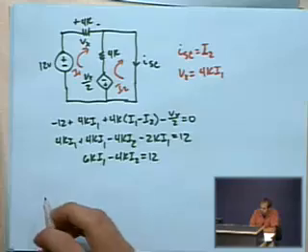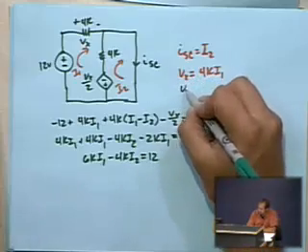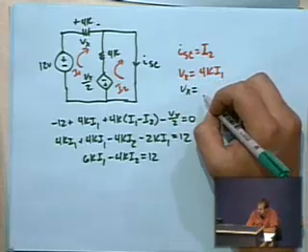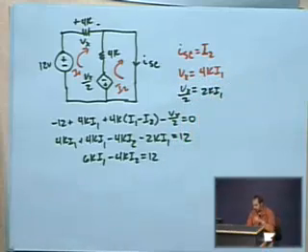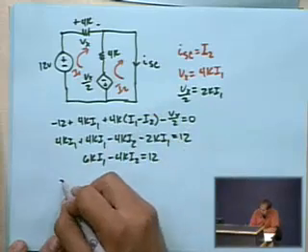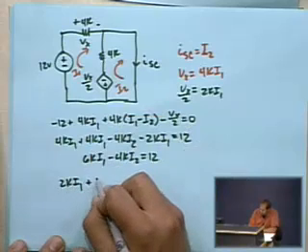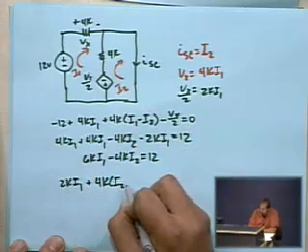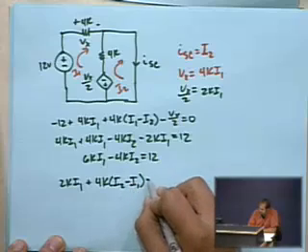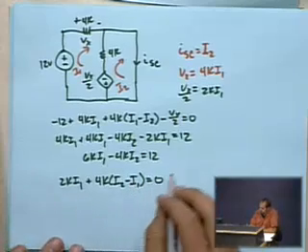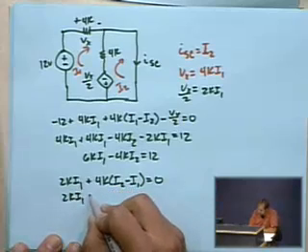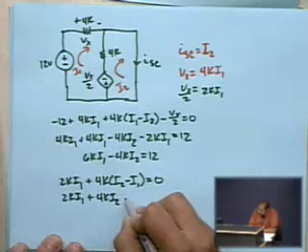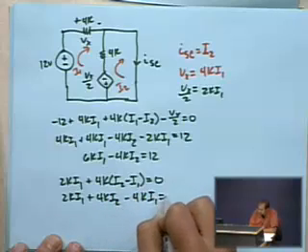Going around the second loop, we've got Vx over 2. Just for reference, Vx over 2 is going to be 2K I1, so we can stick that in. We get 2K I1 plus 4K times (I2 minus I1) equals 0, or 2K I1 plus 4K I2 minus 4K I1 equals 0.